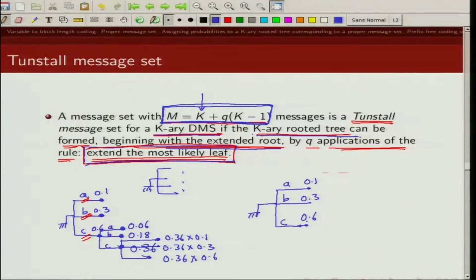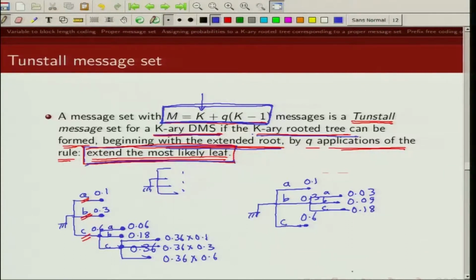Now according to the Tunstall message set rule, I should be extending this particular node. But if I don't extend this node, let's say I extended this particular node. So then this node, this is A, B, C, this probability is 0.3 into 0.1, that's 0.03, 0.3 into 0.3, 0.09 and 0.3 into 0.6, that's basically this.